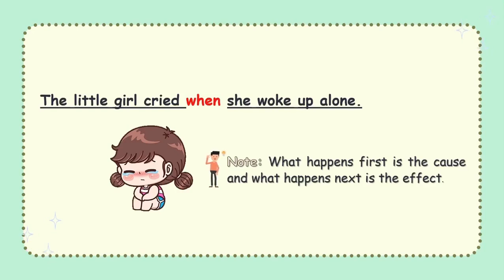In this sentence, the cause is she woke up alone. Siya ay nagising. And the effect is the little girl cried. Umiyak ang batang babae, that is the effect. At anong dahilan ng kanyang pag-iyak? Dahil siya ay nagising ng mag-isa.